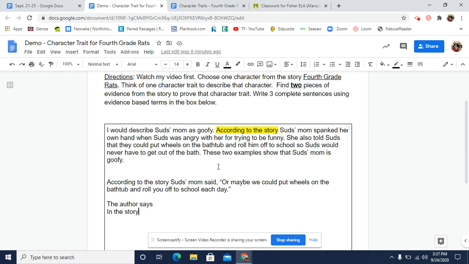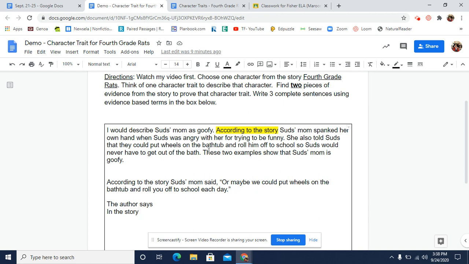But the easier thing to do is just take an action that they did and put it in your own words. So the first sentence, tell me the character and the character trait. Okay. Second sentence, give me one example, like evidence. What did they do that proves that? Next sentence, give me another example. Okay. And then I set up here only 3 sentences.